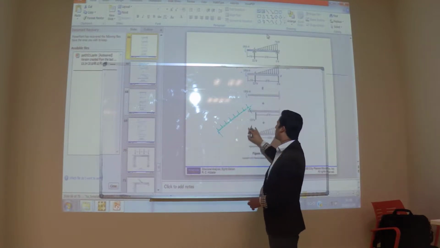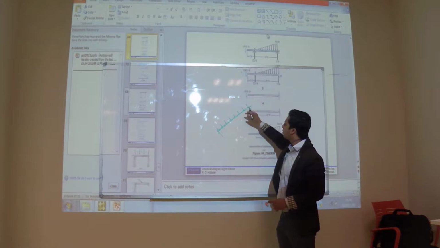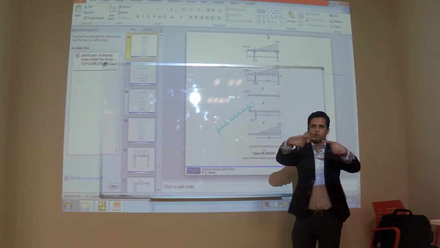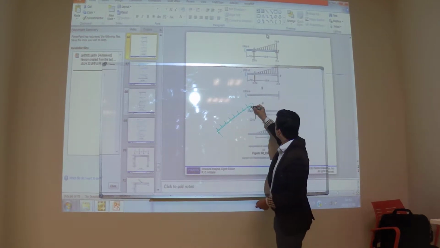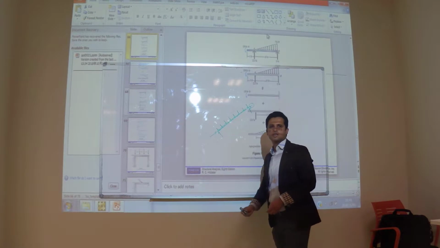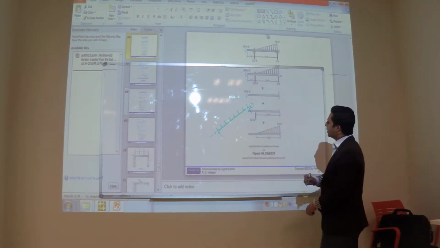So like other members, you can draw the bending moment and shear force diagram. The horizontal component is like axial force and it will be balanced by these reactions. So will the drawing be like this? No, it will be like this.